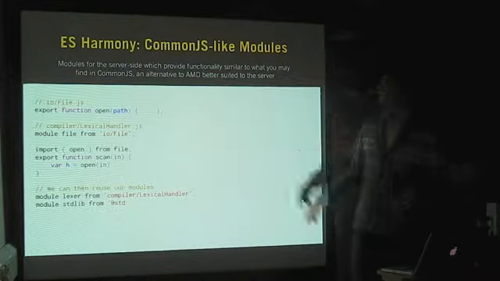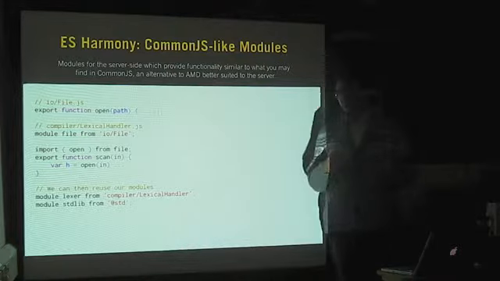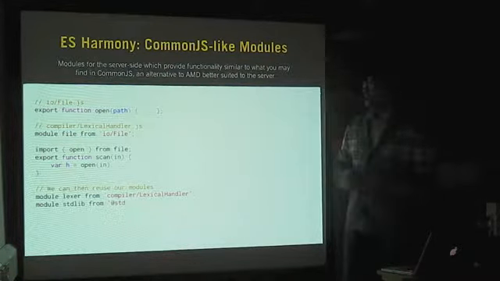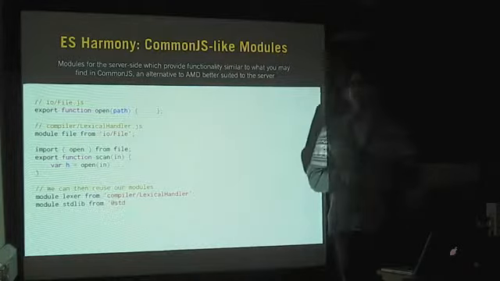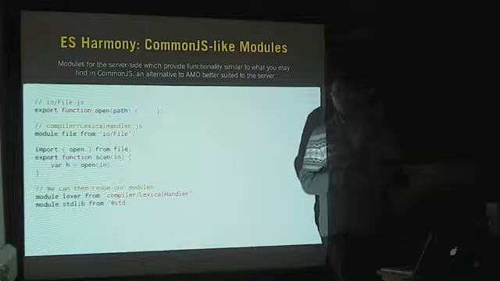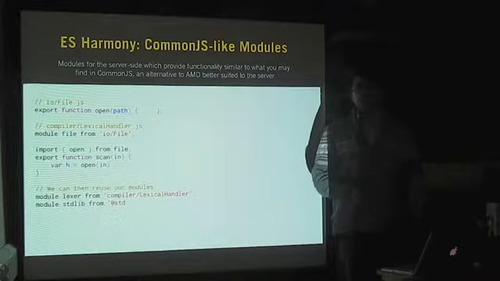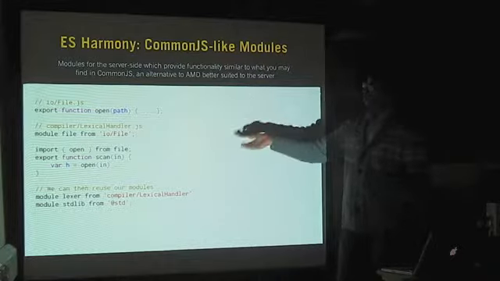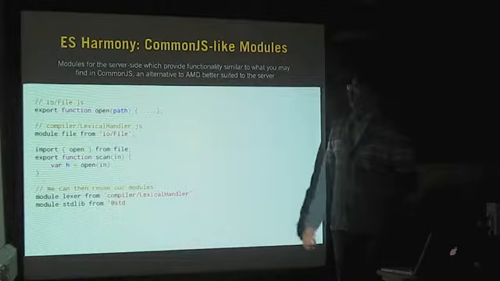And then ES Harmony also tries to target people who like using CommonJS or CJS modules. I'm not going to go into CommonJS in great depth. It's essentially another module format that is somewhat optimized for server-side development. But these are modules that you can write in JavaScript and they'll work on the server.